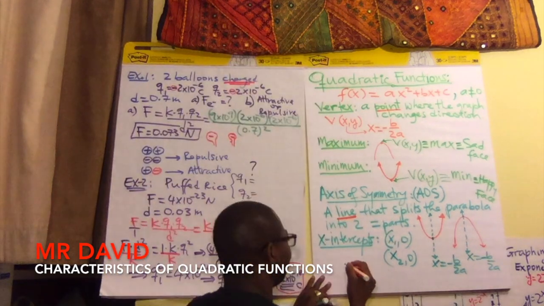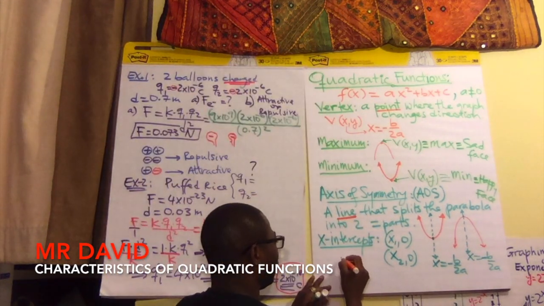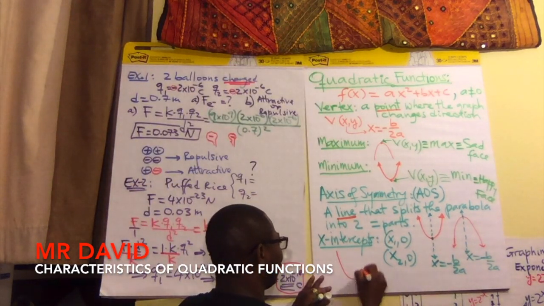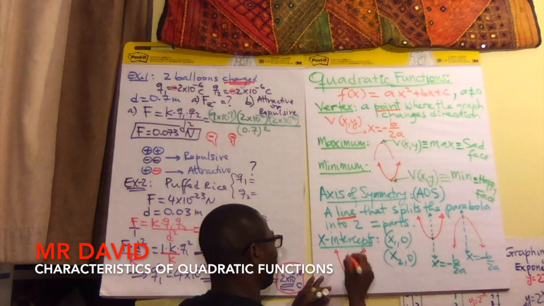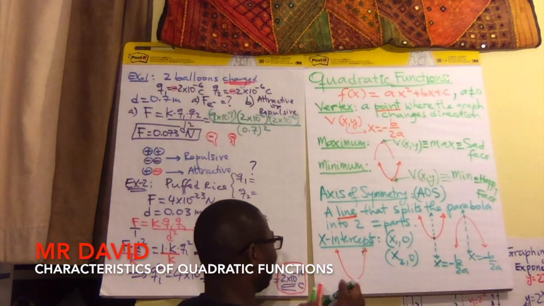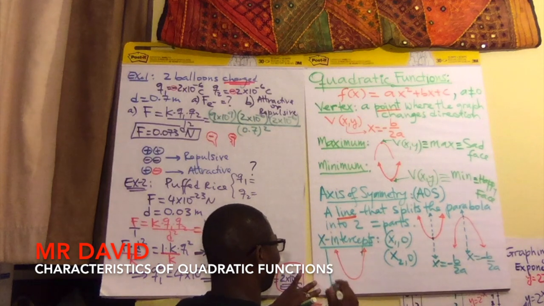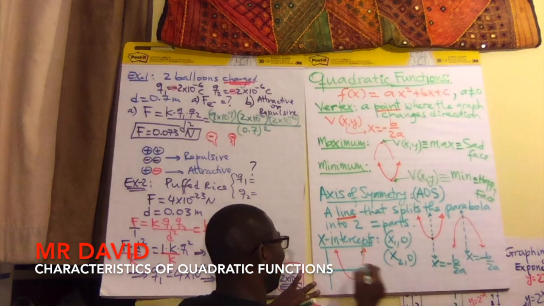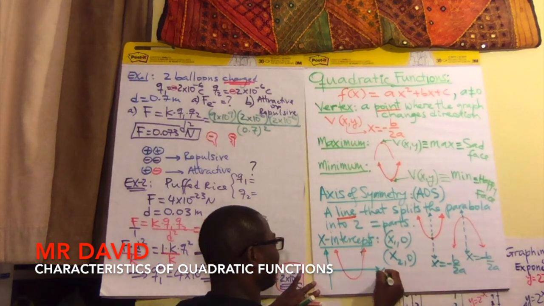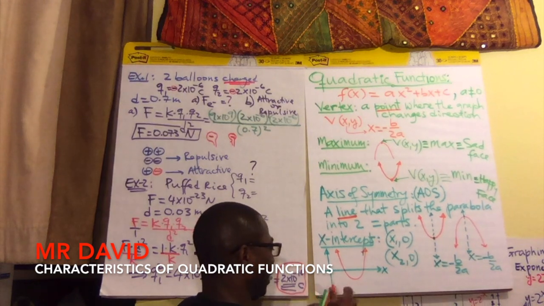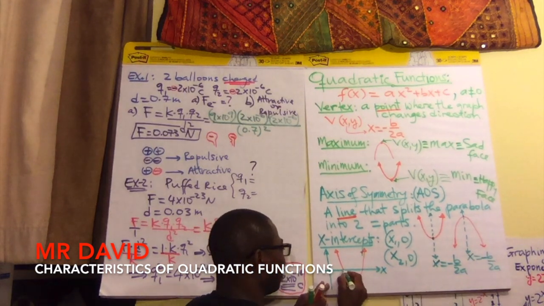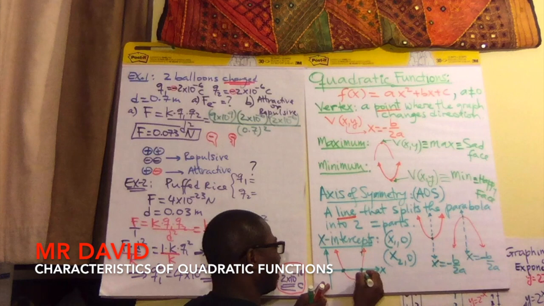If we have a happy face or sad face, it doesn't matter, and I have my x and y axis, it crosses right here and it crosses right here. So these are the two x-intercepts.